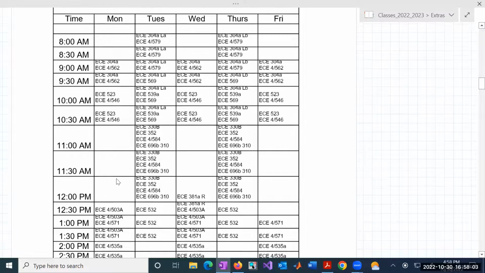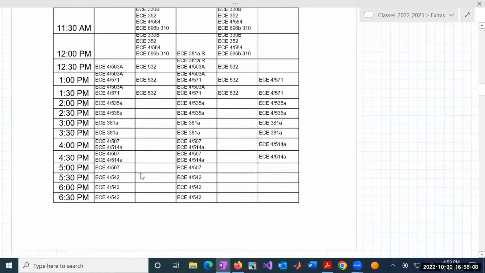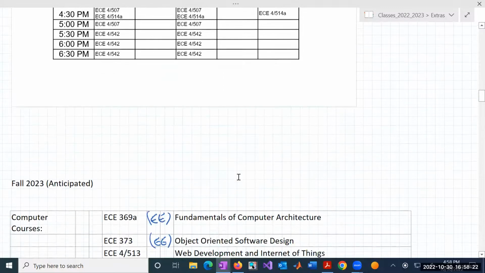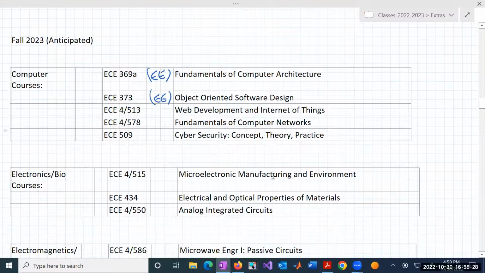And you can see that we're trying to fill in most of the spaces, and because most of the students taking their technical electives are senior students, then we're leaving really sort of these Tuesdays and Thursdays time windows open for your engineering capstone.